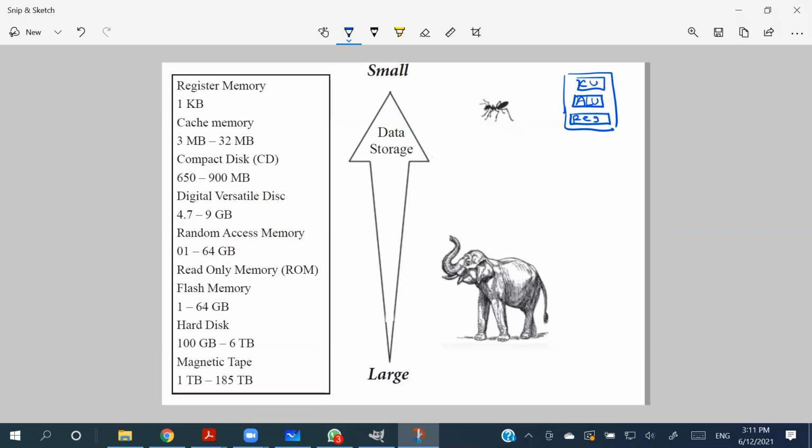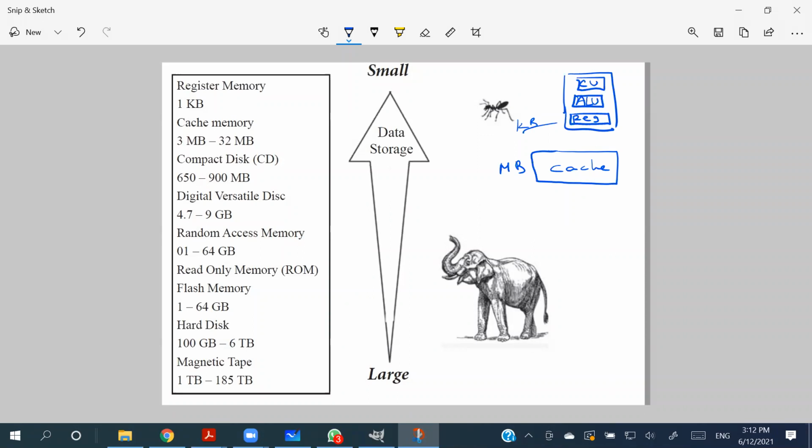So cache memory stayed near to the CPU. And cache memory, you can take it from megabytes, right? Registers are from kilobytes, cache memories are from megabytes. Nowadays, the cache memories are also fixed into the CPUs.